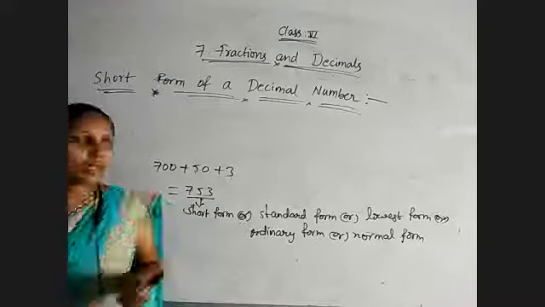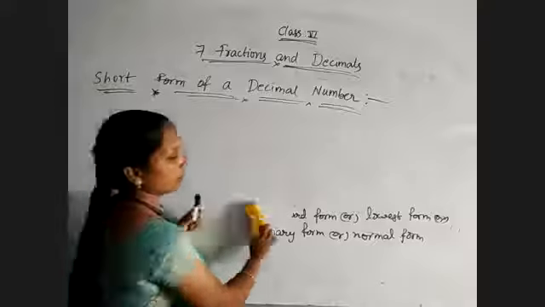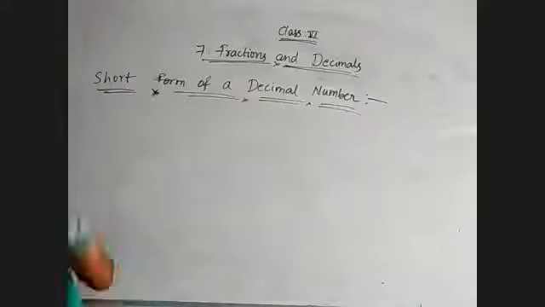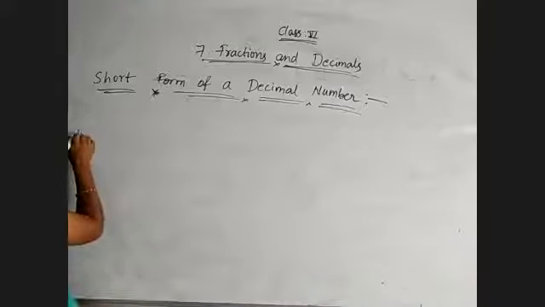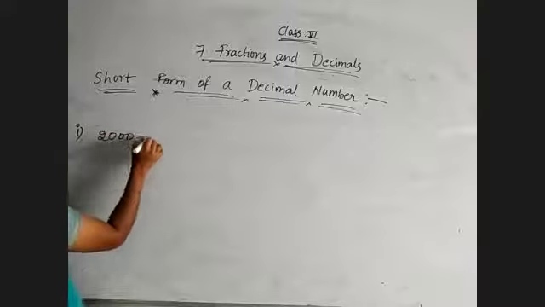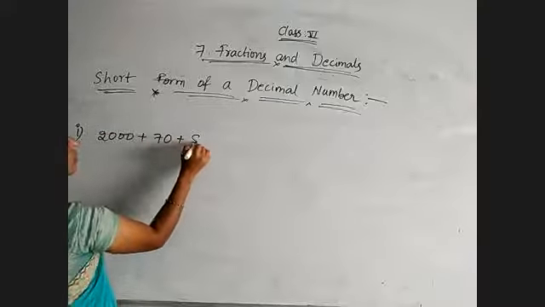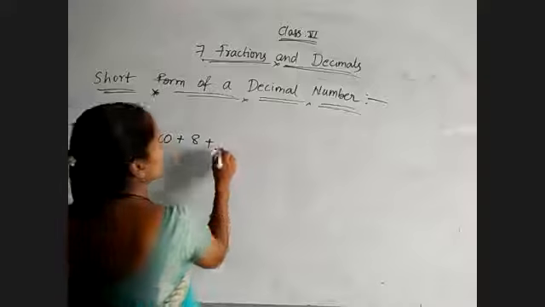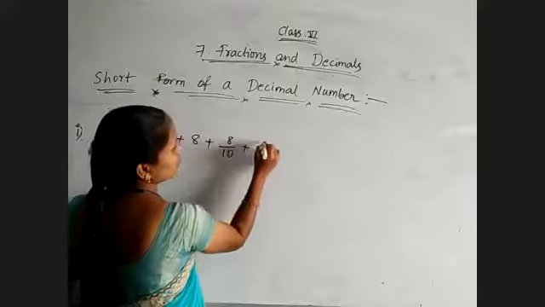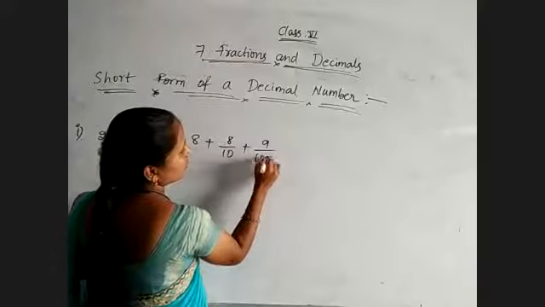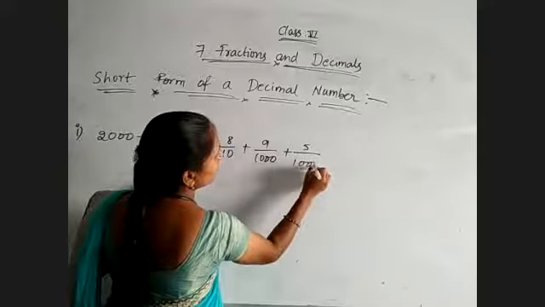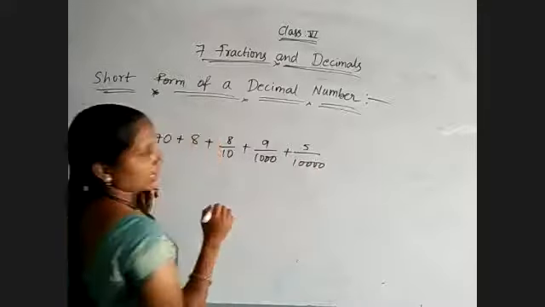Now coming to the question. If I have a number in the expanded form, see for suppose, so like this I have the number.